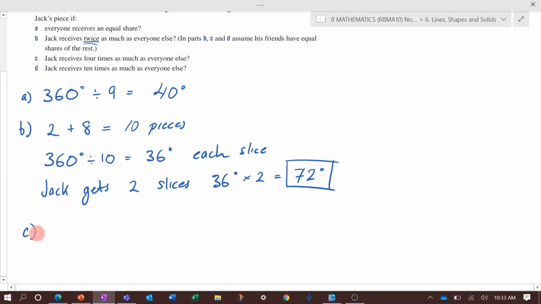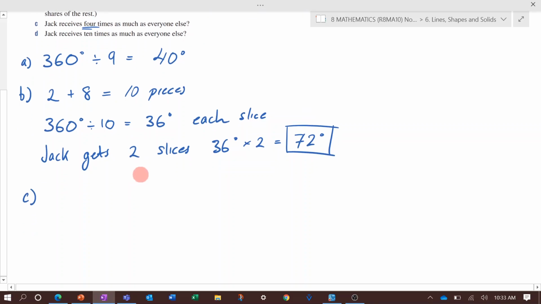So this is C, and it says Jack receives 4 times as much as everyone else. So again, what I would be thinking here is Jack is going to receive 4 slices, and then he's got 8 friends, and each of them is going to receive a slice. So 4 plus 8 is 12 pieces. So I'm going to go 360 degrees, divide that by 12, and that's going to give me 30 degrees.